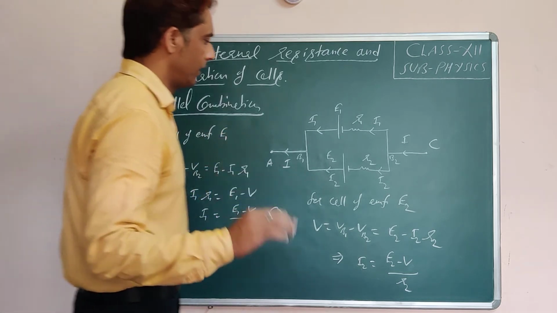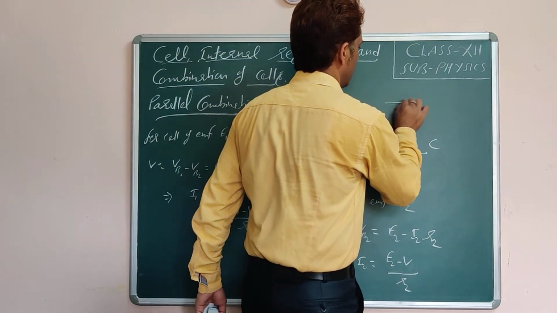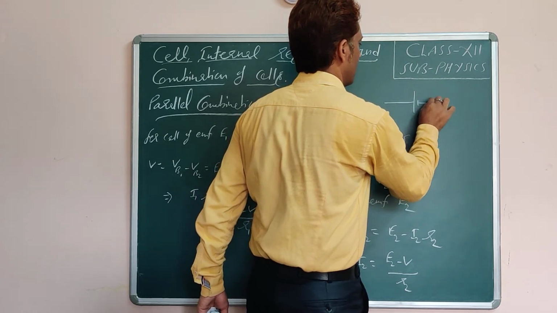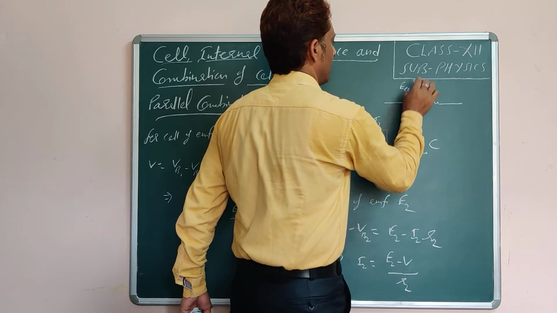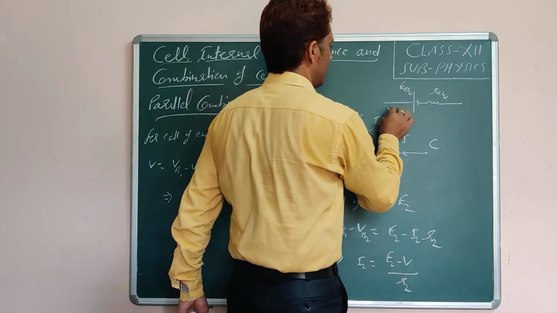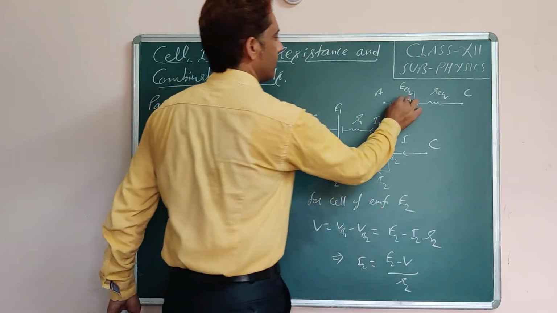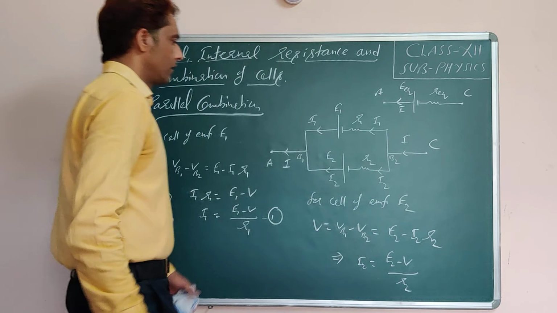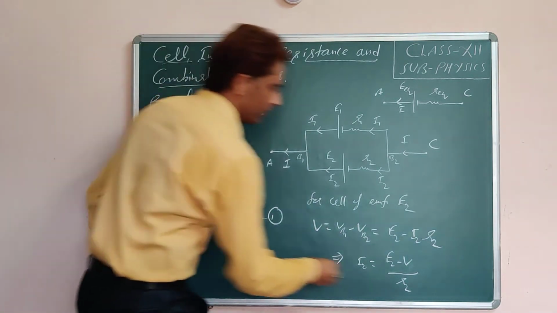Again we have to find the equivalent EMF. So let this represent the equivalent EMF and this represent the equivalent internal resistance. This point is A and this point is C. So we will add 1 and 2.